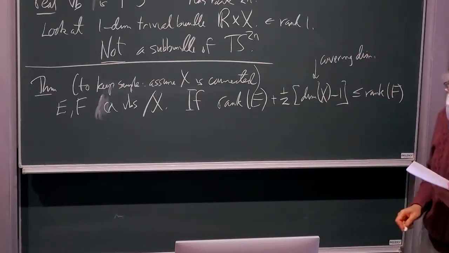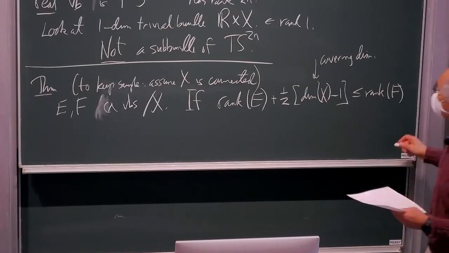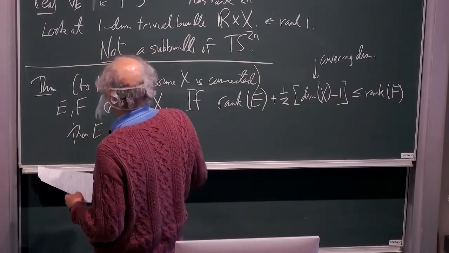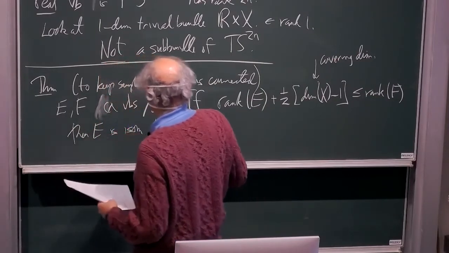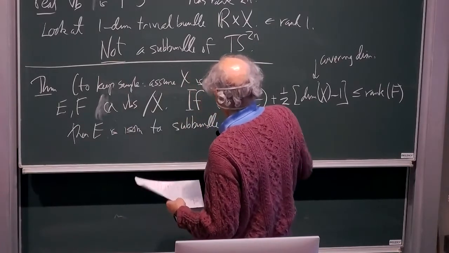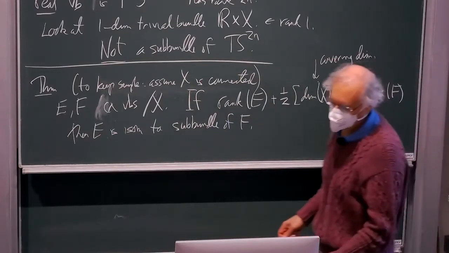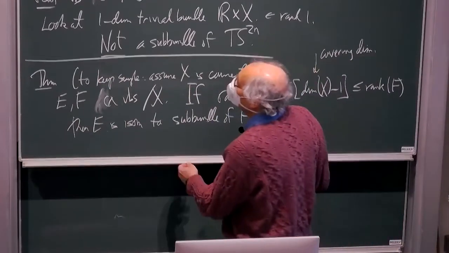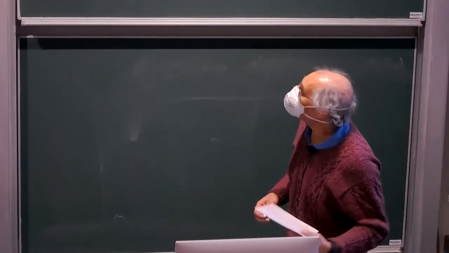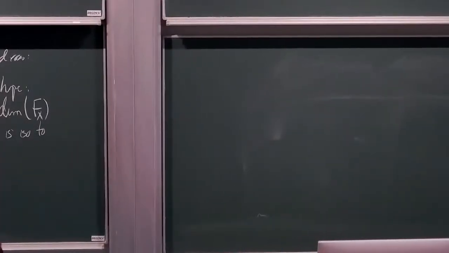and I will say more about that later, then E is isomorphic to a subbundle of F. Okay, so now you might hope to detect the dimension of X this way, but you do not.